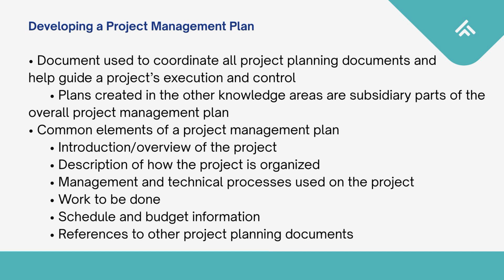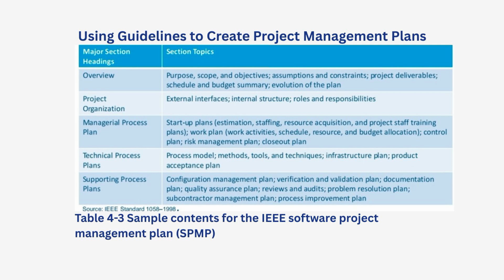In short, the project management plan is a big picture guidebook for the entire project, making sure everything is clear, connected, and properly controlled. Using guidelines to create project management plans. This table is a sample of contents for the IEEE Software Project Management Plan, or SPMP.